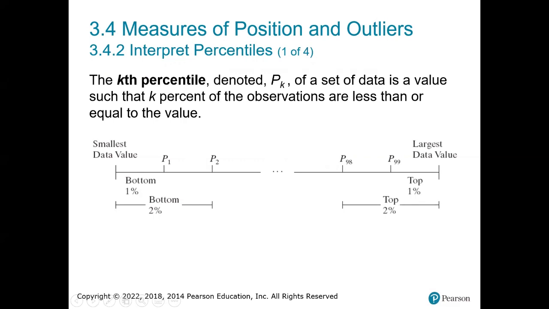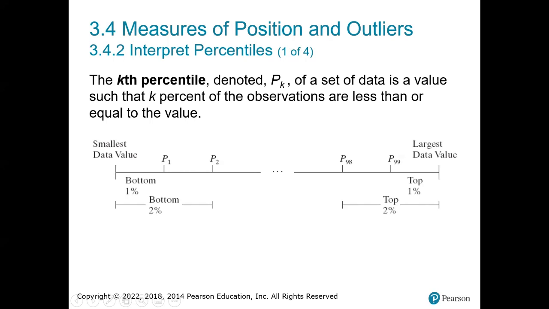You also see this in measurements when you have a child and you do height, weight, and head circumference. They're going to tell you your child is in the 50th percentile for weight, or the 75th percentile for height. They're telling you how your child compares to other children at that specific point in time.